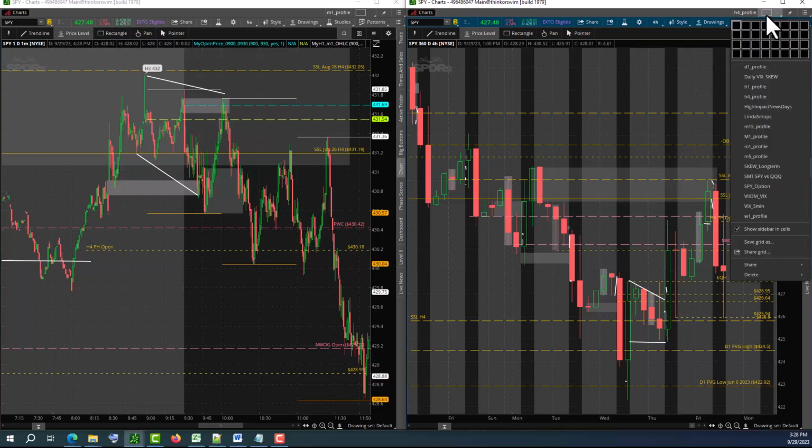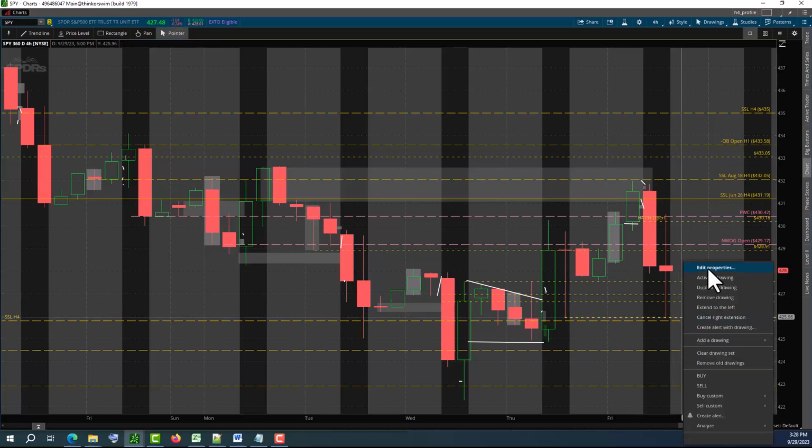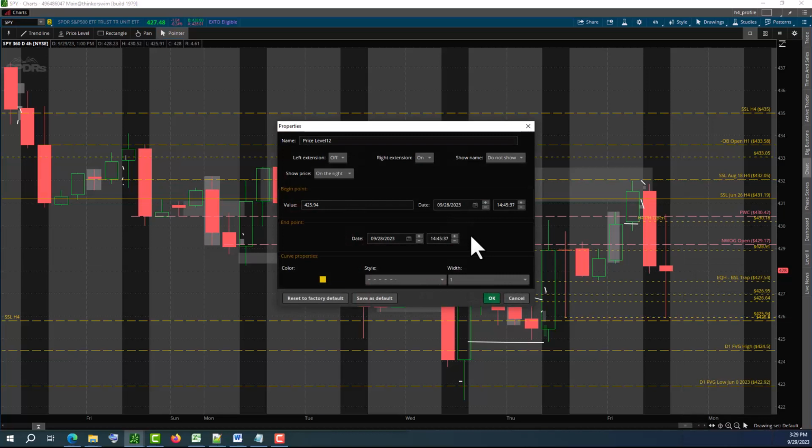So let's see, what do we want to say right here? Sell-side liquidity on X4, right? It's 95.